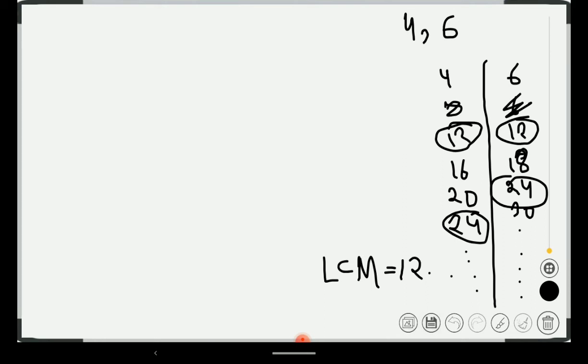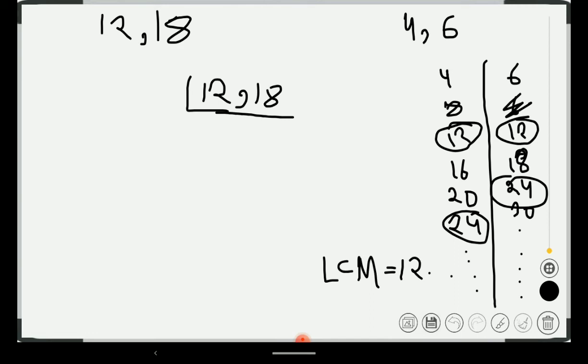Now let's take another example, 12 and 18. Will you list their multiples and find? No. So see this. You will draw an L like this and write here 12. Write also here 18.